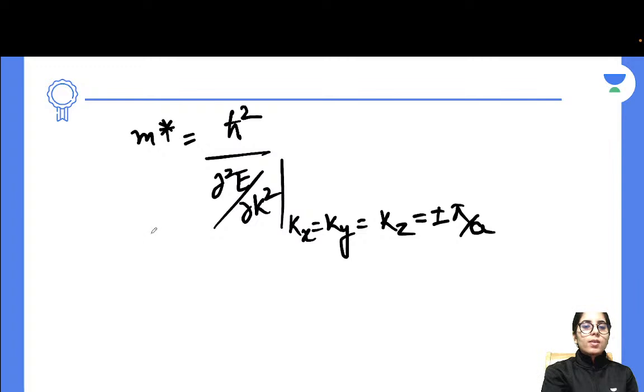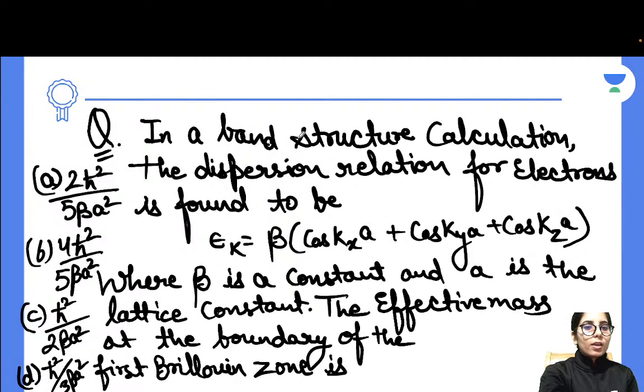Next thing is, if we consider it this way, h square upon, our first target will be to find d square E upon dk square. Here epsilon k is the E they have taken. Now, when I do the further calculation, I get minus a square cos kxa, the other one minus a square cos kya, then another one minus a square cos kza.